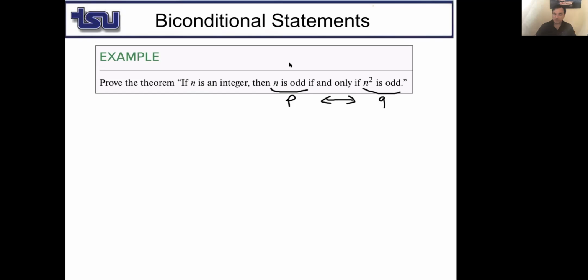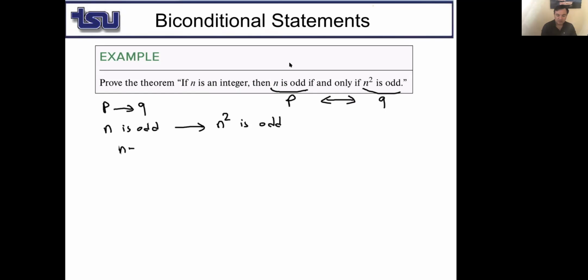In order to prove n is odd if and only if n squared is odd, first you are going to prove P implies Q. In other words, you are going to say n is odd, and that will imply that n squared is odd. This is pretty easy, right?